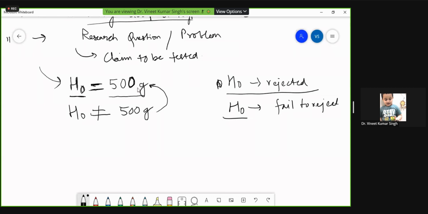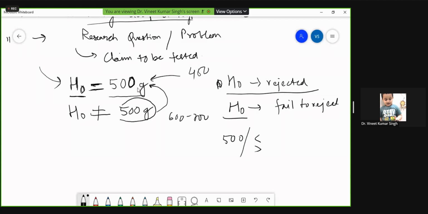Okay, so these are two conditions. तो क्या है, to reject this claim made by that person, we can show या तो bricks का weight is less than 500, either it is less than 500 or more than 500. कैसे भी शो कर सकते हैं, ठीक है। तो brick size can be say 450 or it can be 600 to 700. Okay.